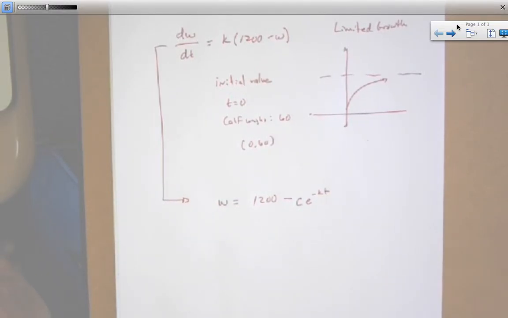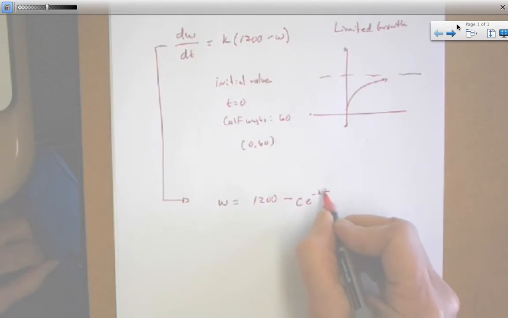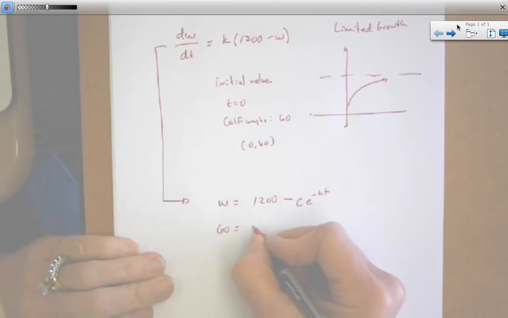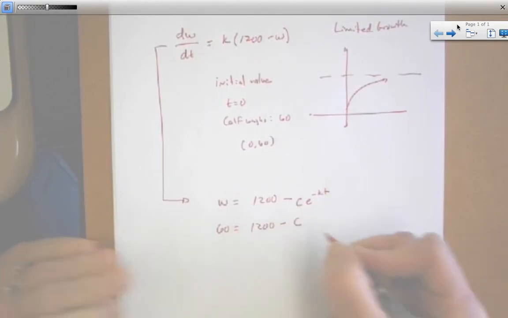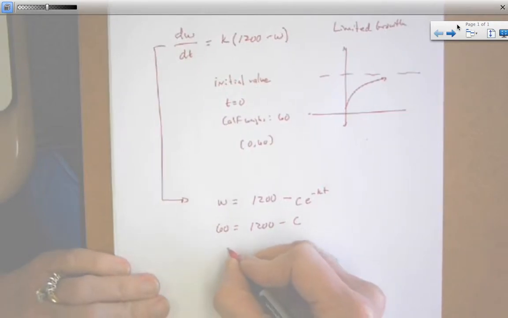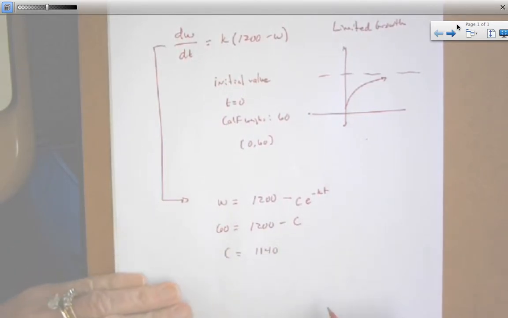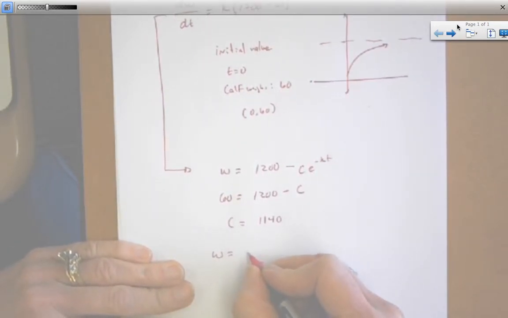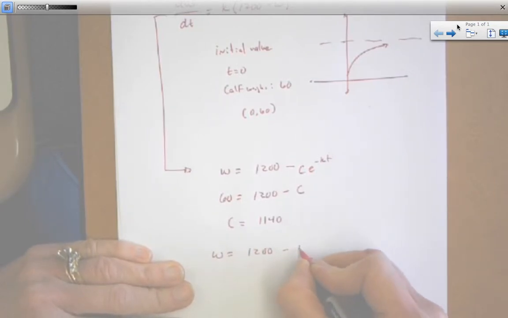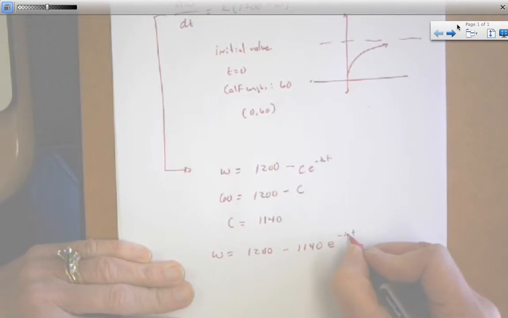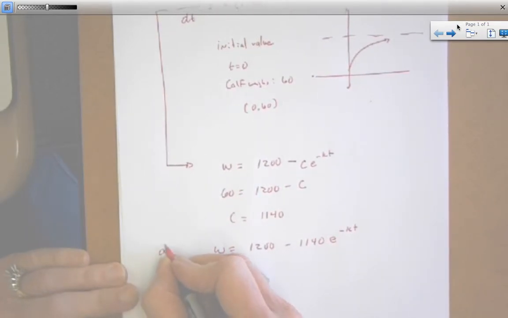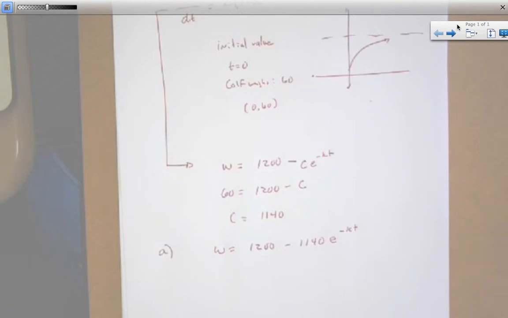I'm going to go straight to the form. All right, so plug in 0 for t. That means the exponential becomes 1. 60 is the weight. And we find that the value of C is 1140. So my solution is W equals 1200 minus 1140 e to the negative kt. All right, so that is the solution for part A.